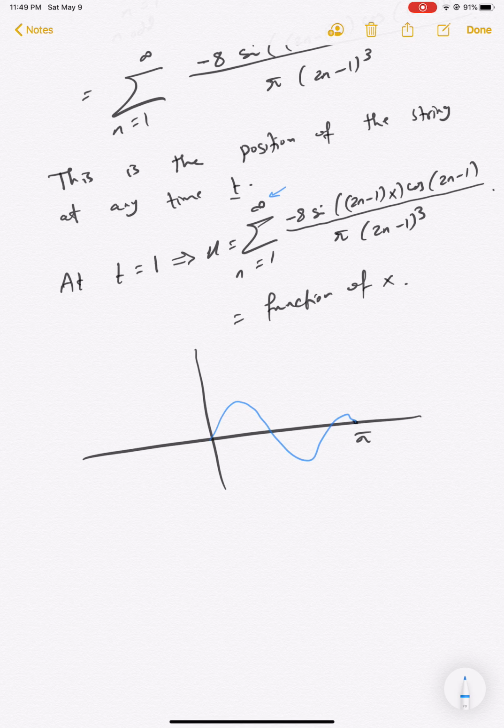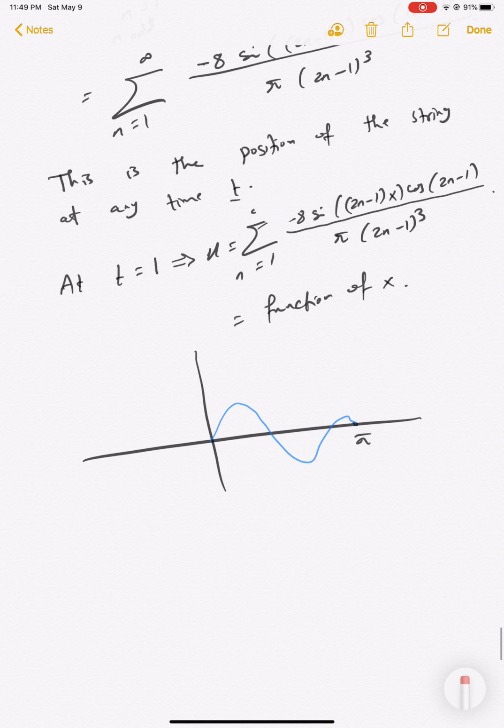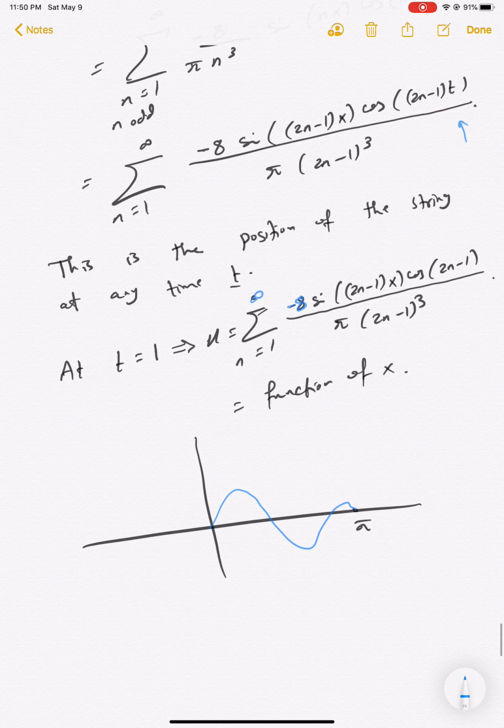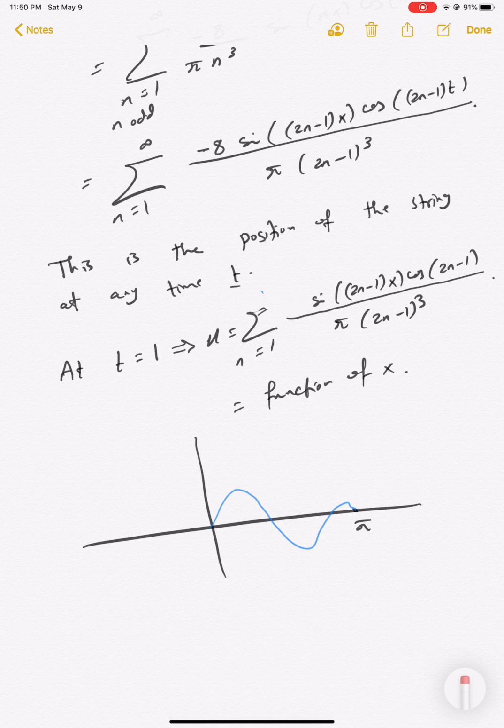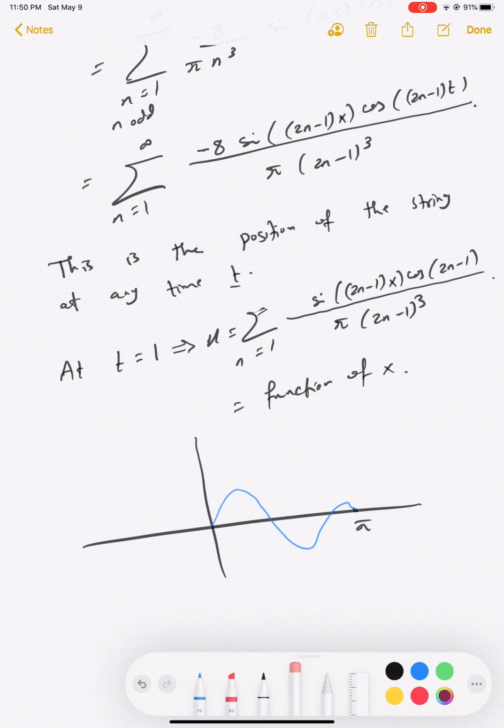Whatever you get, this is the string after 1 unit of time. You're interested in this string after 2 units of time, then you go back to the u and you replace t by 2. For any unit of time, you replace t by that value, and you will get the position of the string after that unit of time.